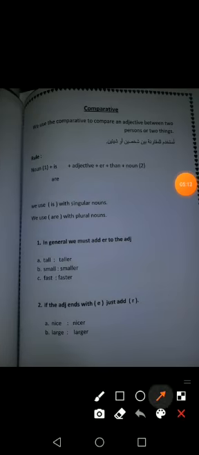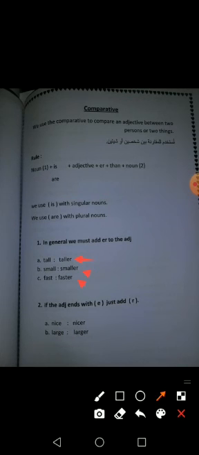Again, we add er to the adjective that has one syllable. Okay, can you see? Tall, taller, we add er. Small, smaller, we add er. Fast, faster, we add er. Can you see?